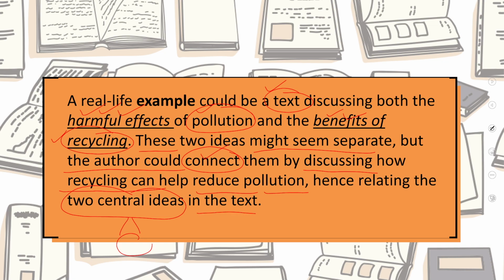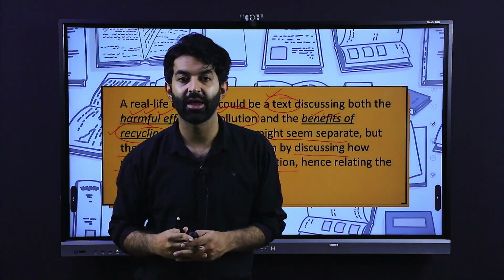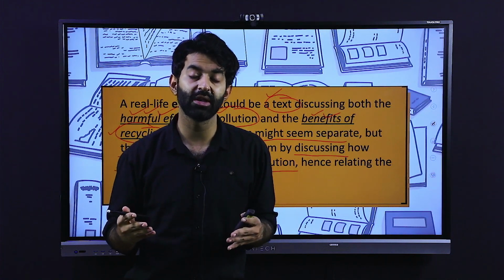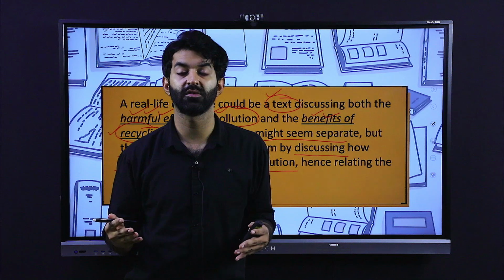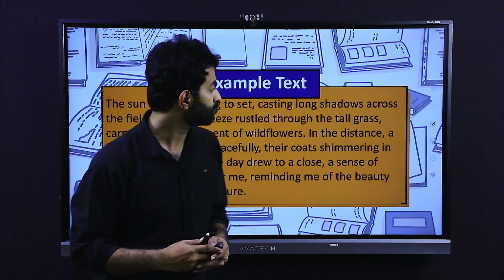Yes, this is a very good example, and I hope that you have read so many essays like that. Now, when you're going to read any cause and effect relationship or problem solution essays, you can find the two central ideas easily.